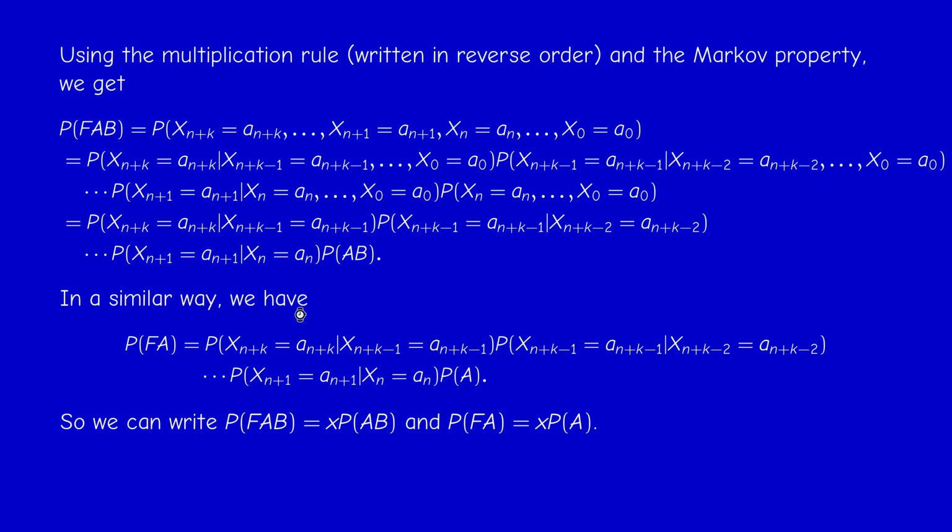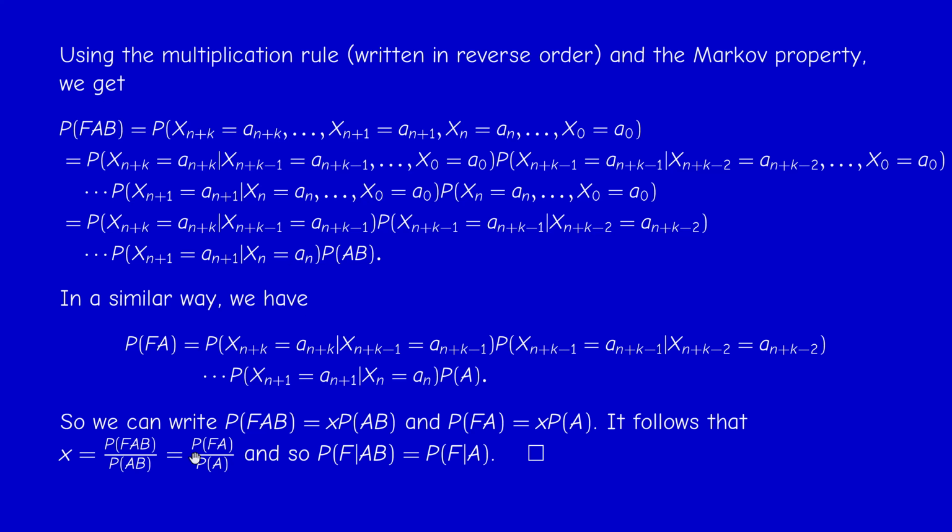Now we are almost done because, since probability of AB is positive, then the probability of A is positive. So on the one hand, we have x equal P of FAB over PAB. And the second equation gives me that x is equal PFA over PA. Now the ratio, by definition, P of FAB over PAB is just the conditional probability of F given AB.